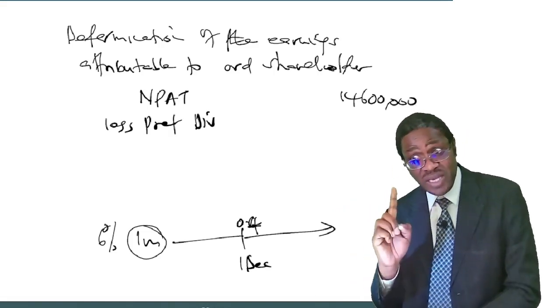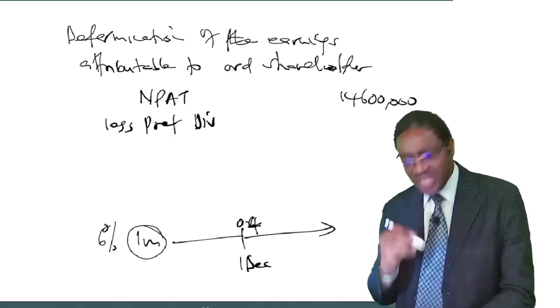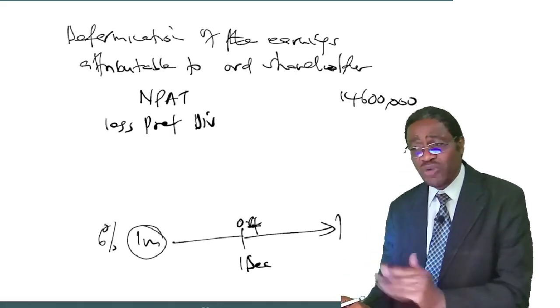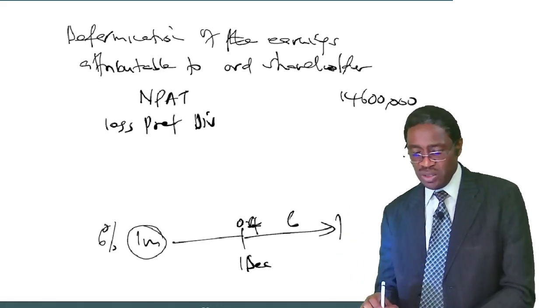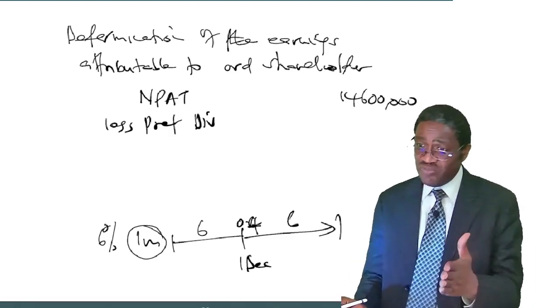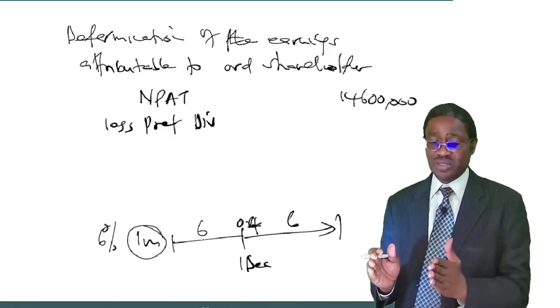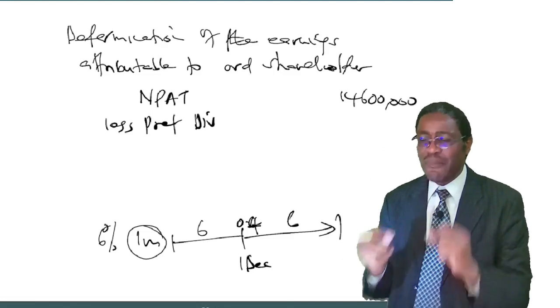So we only remained with 400,000 out of the million, and we paid another dividend for another period. From the beginning of the year up to December 2015, those were 6 months. For 6 months, we paid dividend on 1 million.